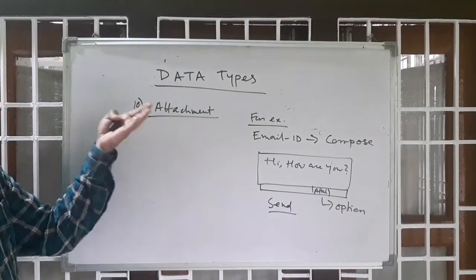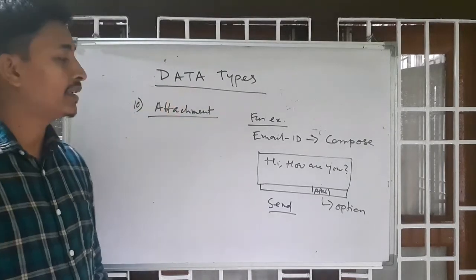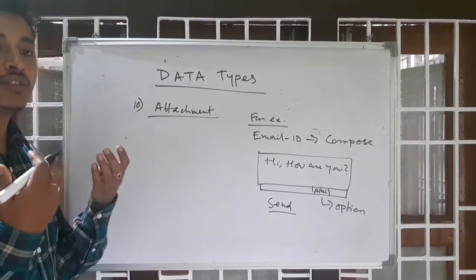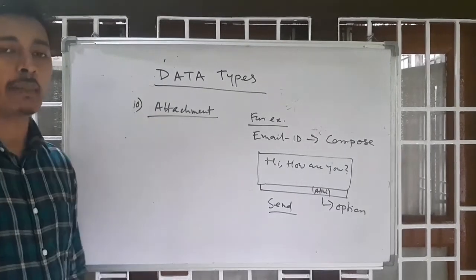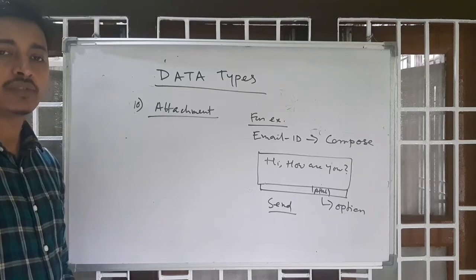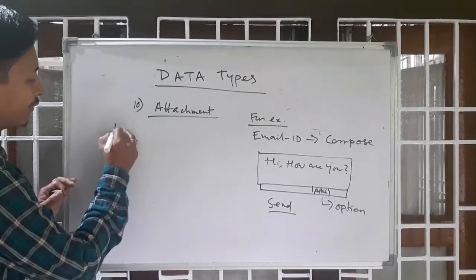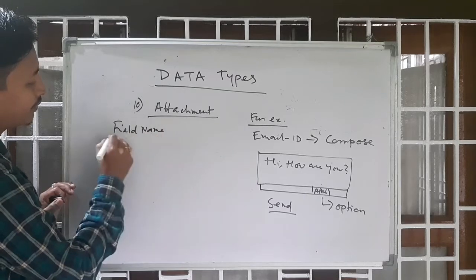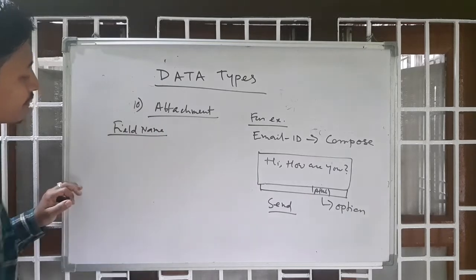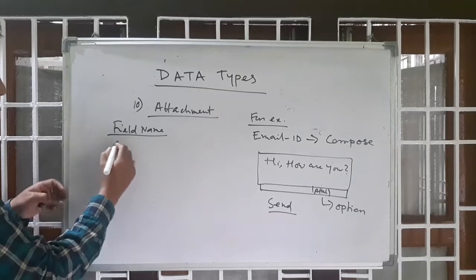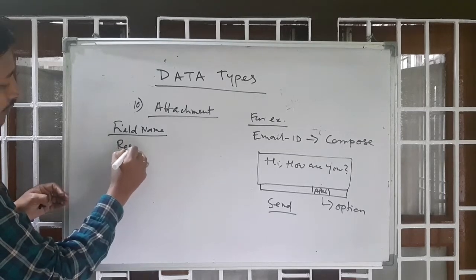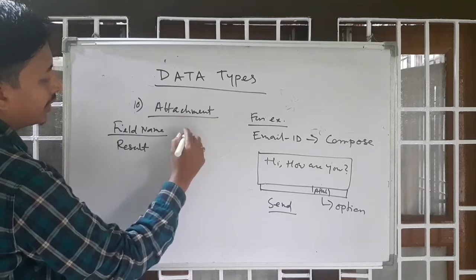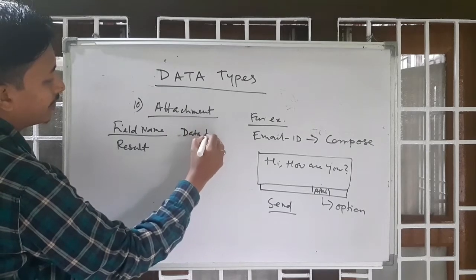In the same thing, in MS Access 2007, you can also attach any file, any document in the document. For example, in the field name, say, result, and then the data.